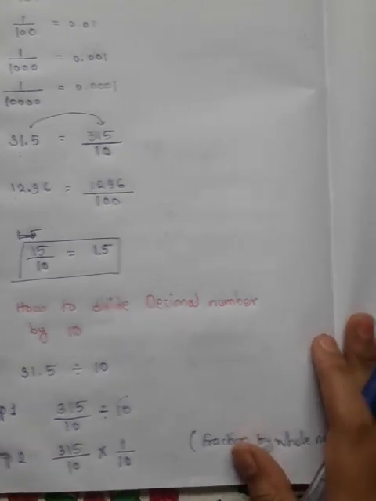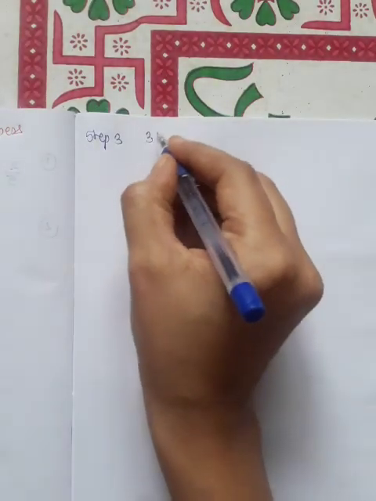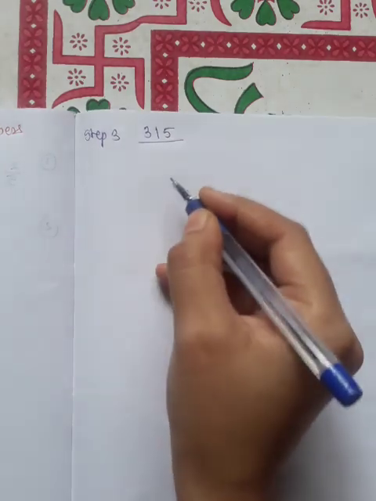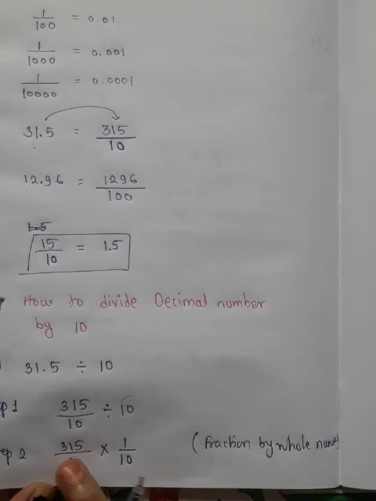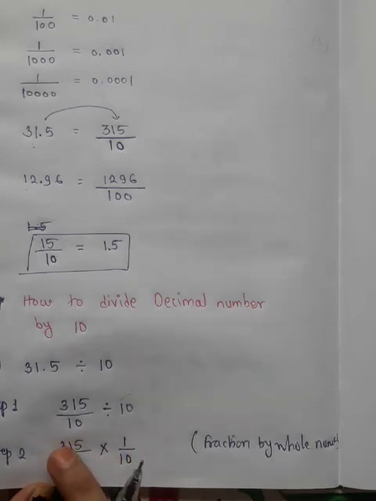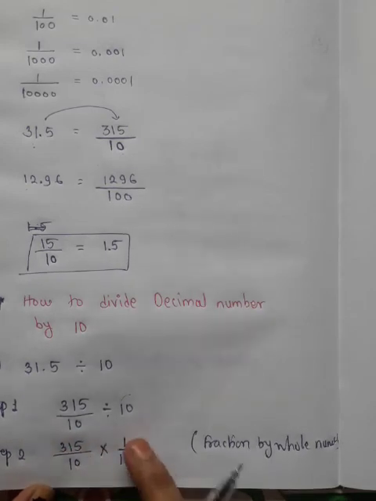Now step 3. We have got 315 by 10 into 10, that is 100. 10 into 10 is 100 and 315 into 1 is 315.